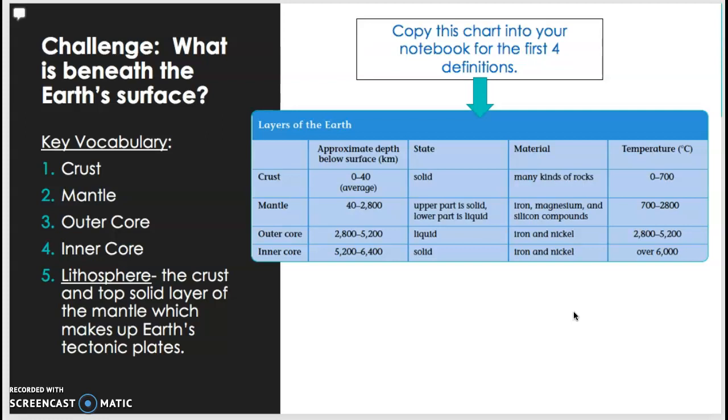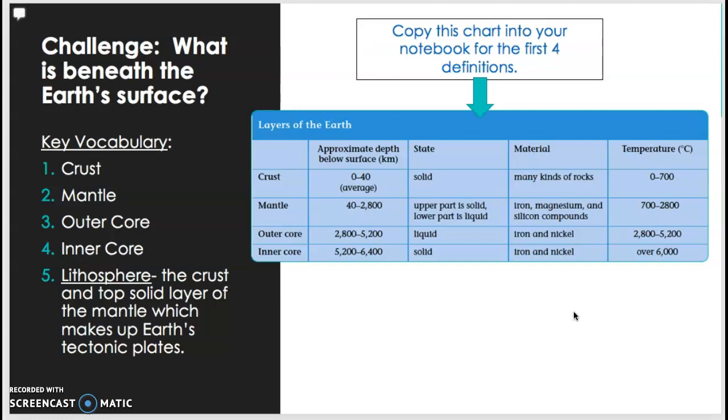It is liquid metal. It's made of iron and nickel. And its temperature range is upwards to 5,200 degrees Celsius. Okay. Our inner core takes us to the center of the Earth. So if you were to find the center point of the Earth from the top of the crust to the center, you were looking at a depth of 6,400 kilometers.